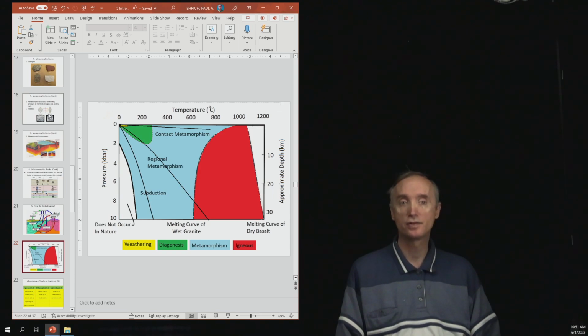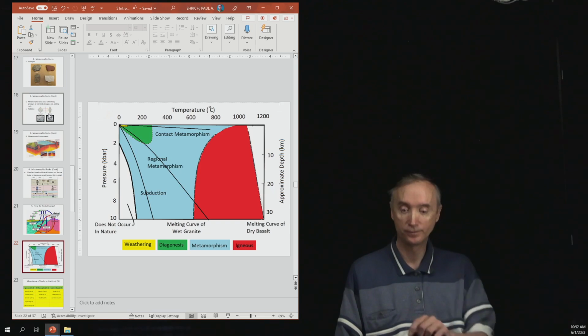And then notice that the metamorphic rocks are in between. Metamorphic rocks in general tend to form at higher temperatures and higher pressures than the sedimentary rocks do, but not so hot that they melt and then turn into an igneous rock.